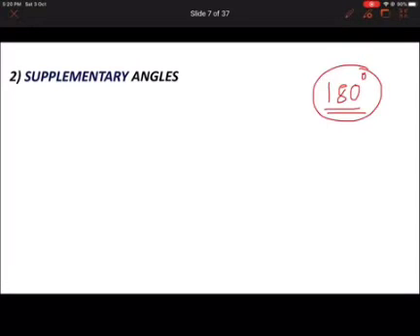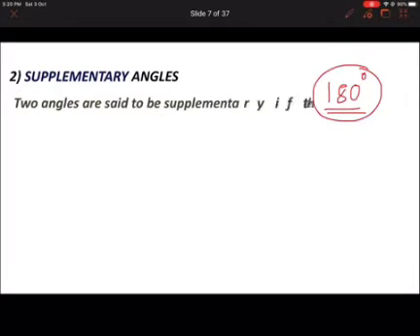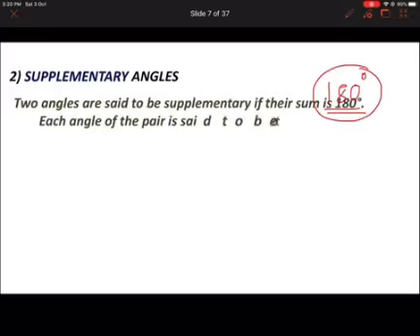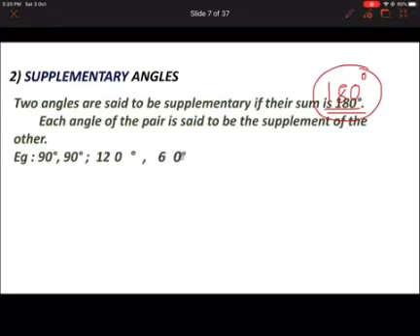Each angle of the pair is said to be the supplement of the other. In the previous case, complement of the other. Here we say each angle of the pair is said to be the supplement of the other.